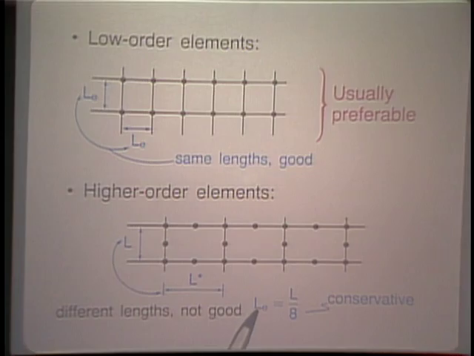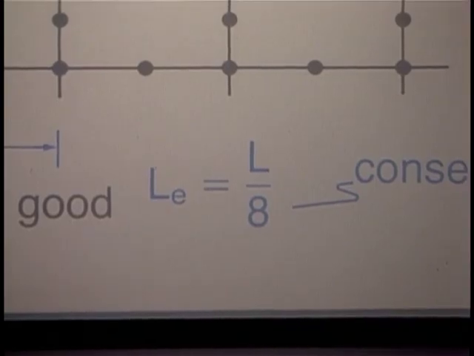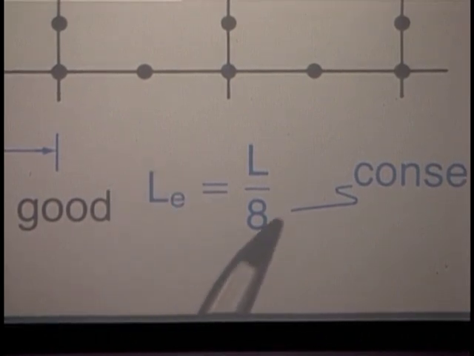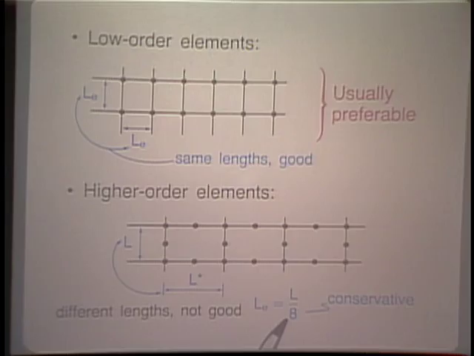The smallest length through the element will govern the time step. And if you use this value here for LE with 8 there, you have a conservative value for LE. This 8 here enters into the solution because you have this mid node, and the mid node carries more stiffness than the corner nodes.